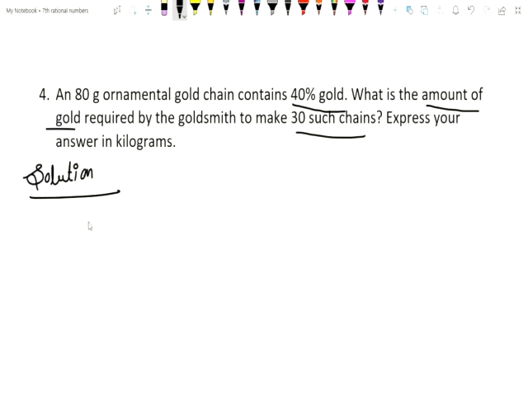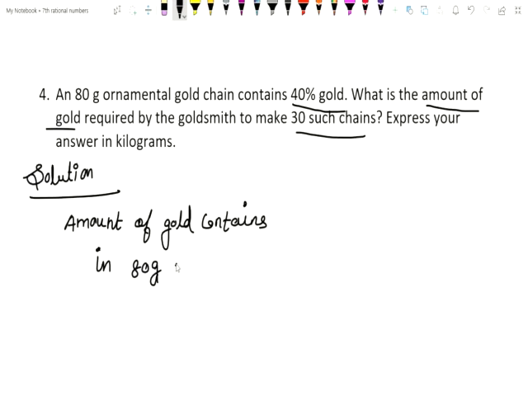Amount of gold contained in an 80-gram ornamental chain equals 40%.